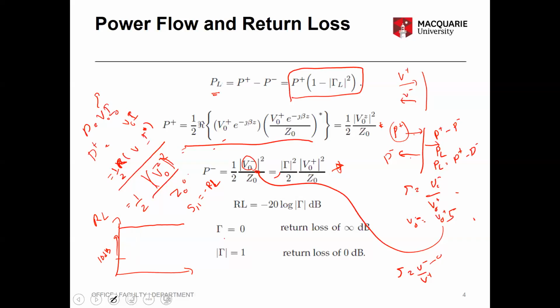So what happens if you have 10 dB here, return loss of 10 dB? What does that mean? So 10 equals minus 20 log reflection coefficient. So minus a half equals log reflection coefficient. So reflection coefficient is 10 to the power minus 0.5.